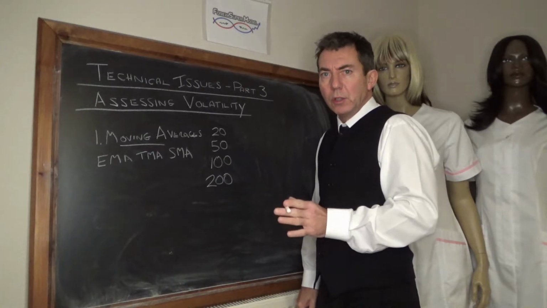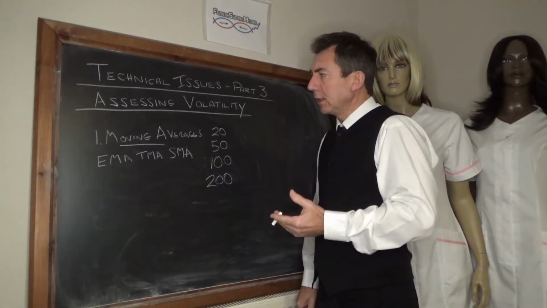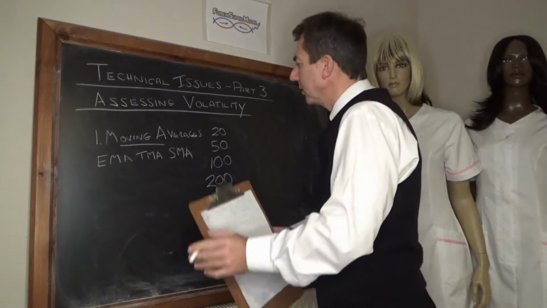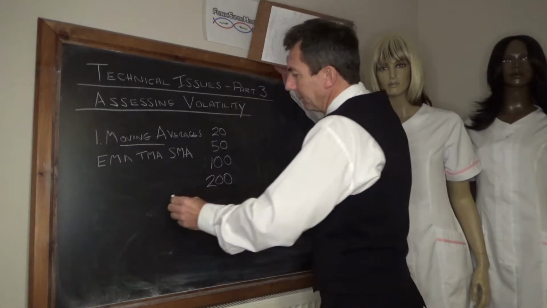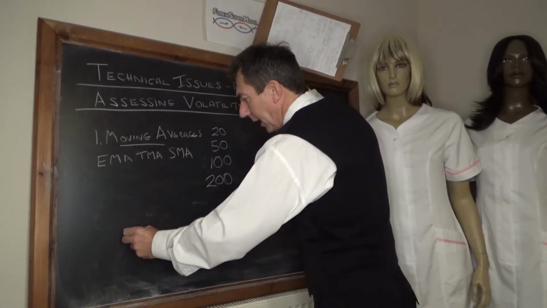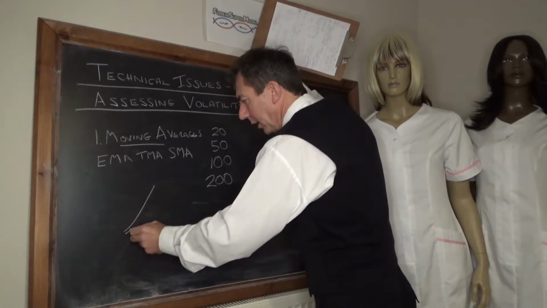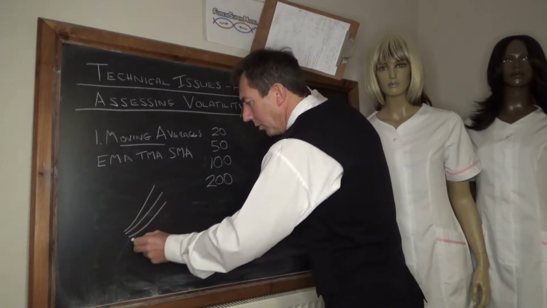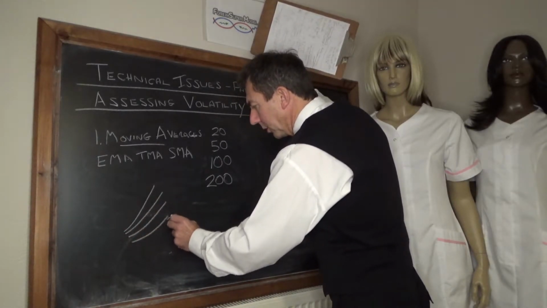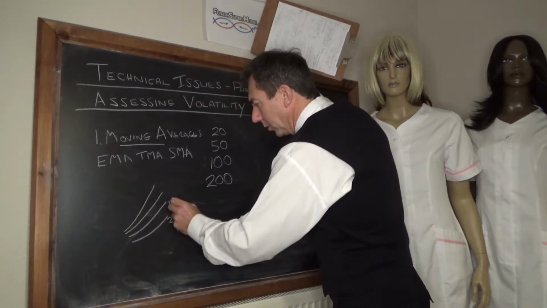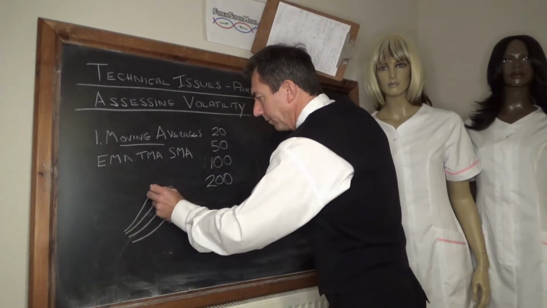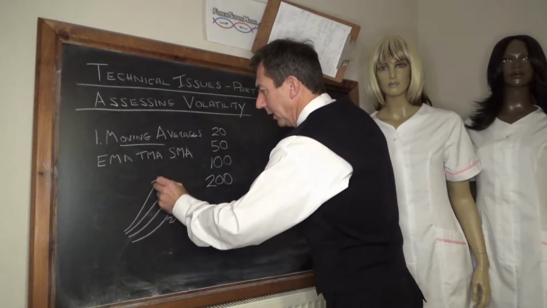And so volatility, in this sense, is viewed as how moving averages move, so if that was the 200, 100, 50 and 20.